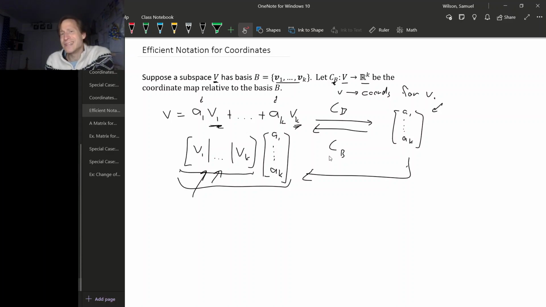So this is a really nice way of writing what the coordinate transform is doing, right? The coordinates are just the vector of coefficients, and the vector that the coordinates came from is just those same coefficients, but multiplied by the matrix whose columns are all of the v's.